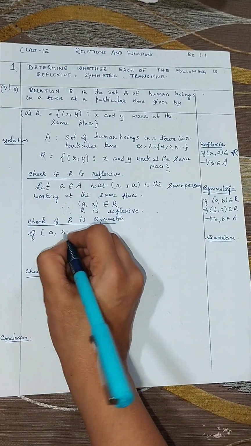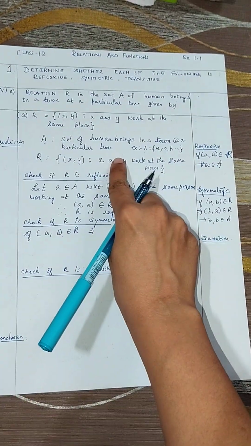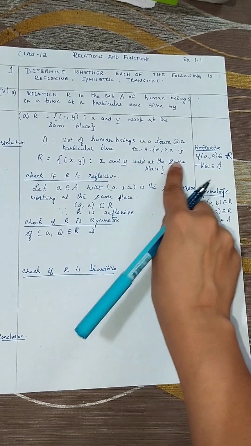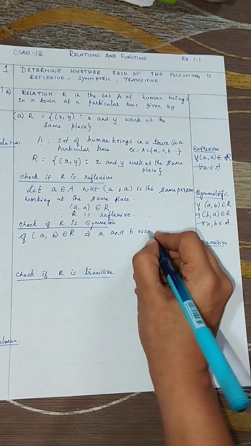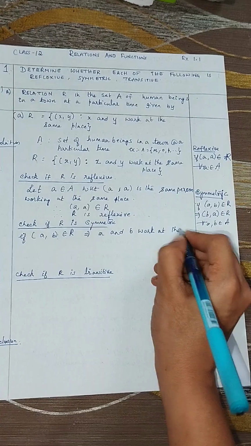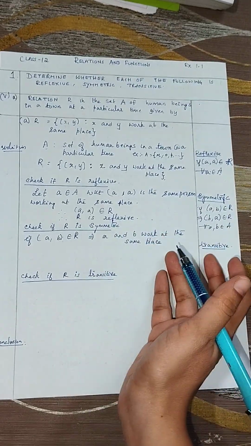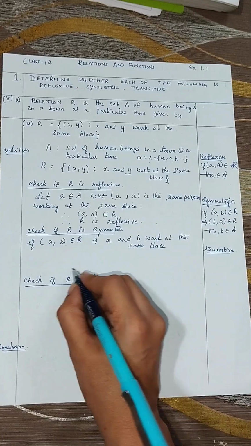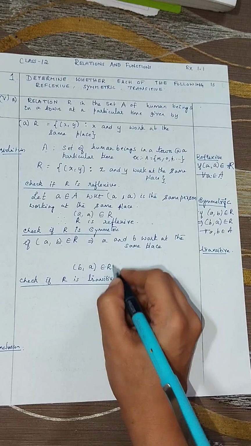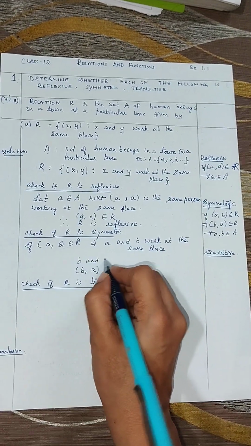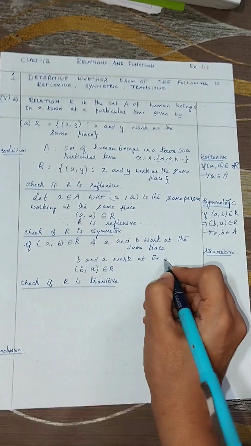If (a, b) belongs to R, that means a and b work at the same place. If they belong to R, obviously they have to work at the same place. So what we have to prove is (b, a) belongs to R. That is, b and a work at the same place. This is what we have to prove.